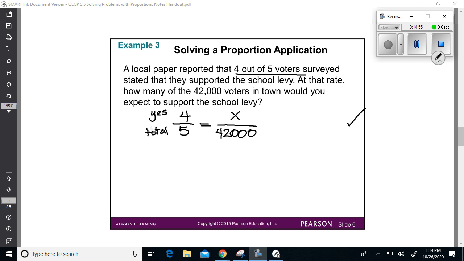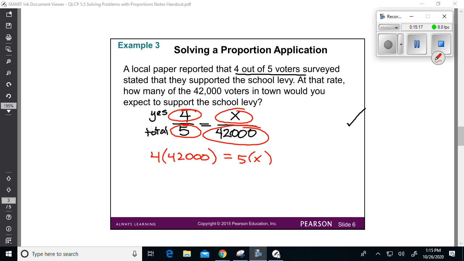So now all that's left for us to do is solve it. So now what do we do? Let's multiply it times 42,000. X times 5. Alright, finish me off. It'll be 168,000.